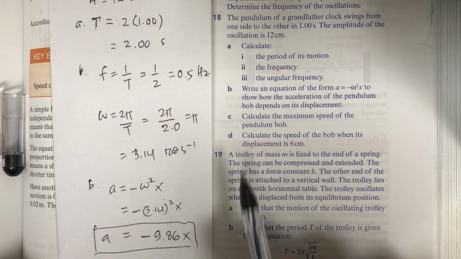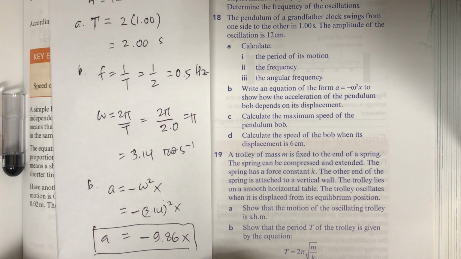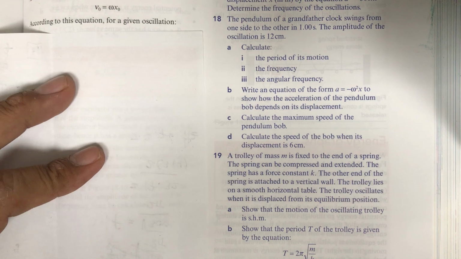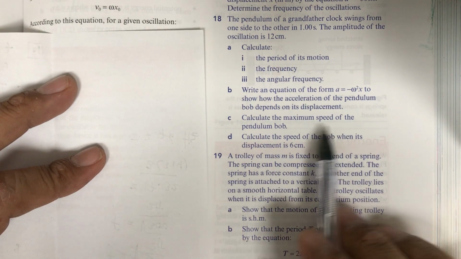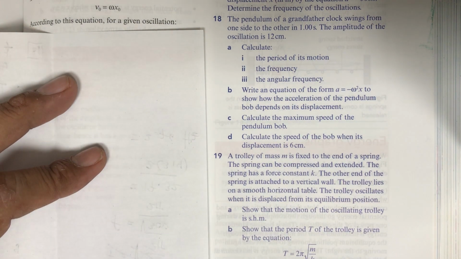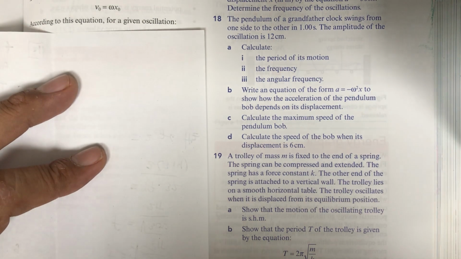So what about C and D? Calculate the maximum speed of the pendulum bob.